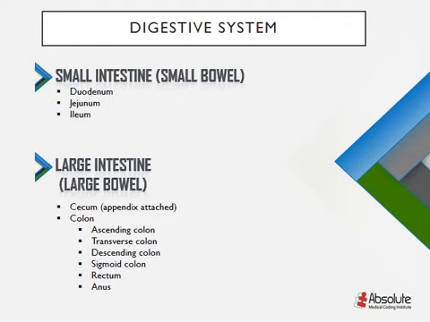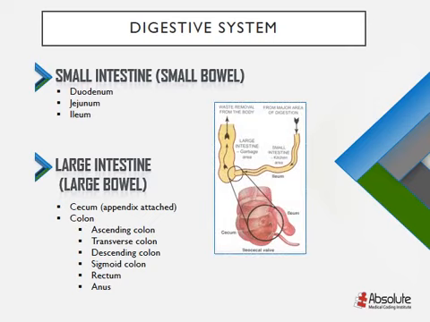Next, we go to the jejunum, and the jejunum is about 8 feet long, so it's very long. Next, we go to the ileum, which is 12 feet in length. So that's the longest of the small intestine. And it contains something called the Peyer's patch. And that decreases the bacteria content in the digestive system. So the ileum ends in the ileocecal valve.